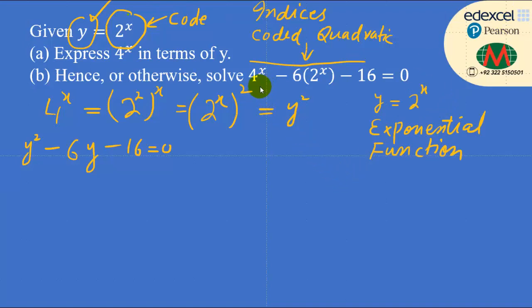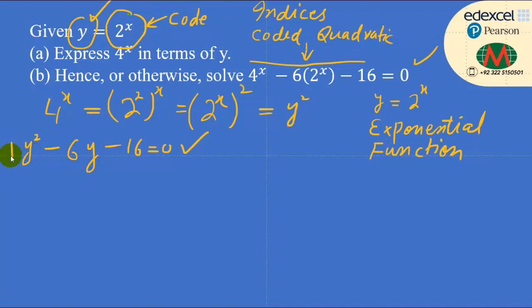Now as this exponential coded quadratic has converted into a standard quadratic equation, to solve it we have methods: factorization, completing the square, and the quadratic formula. So let's try factorization first, because it takes less time.